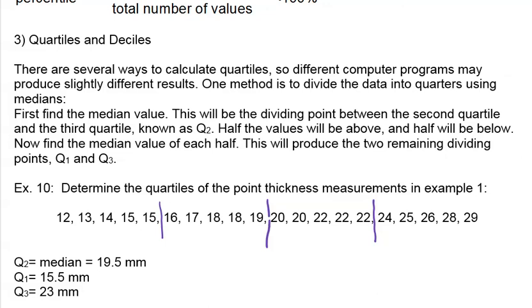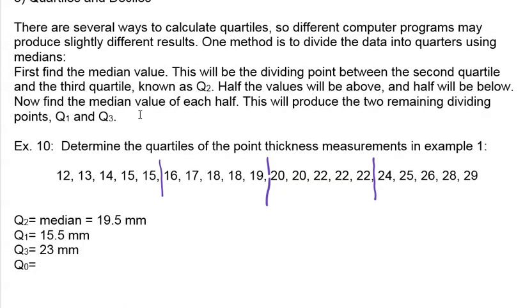Now sometimes with quartiles you will also see Q0 and Q4. That's our boundaries. No values are below Q0. So typically we'll go just below our first category. So our Q0 in this case we would say is 11.5 millimeters. There's no values below that.